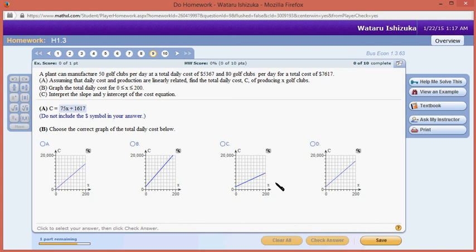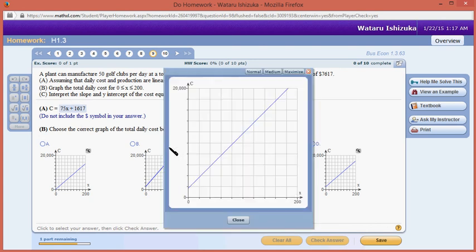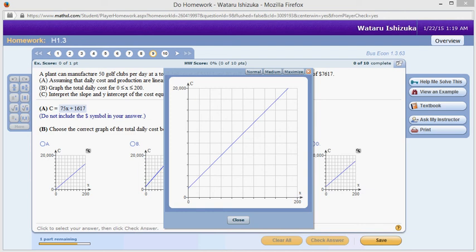These three seem to have the right y-intercept, and then we have to look at the slope. The slope has to be 75. So maybe we should look at the value at 200. If you plug in 200 for x, 75 times 200 would be 15,000, plus 1,617, so it's going to be 16,617.